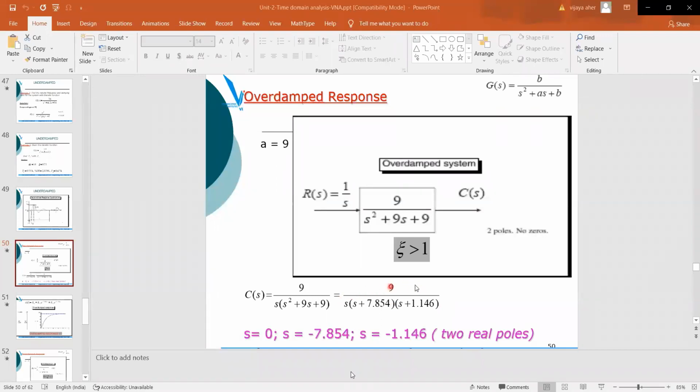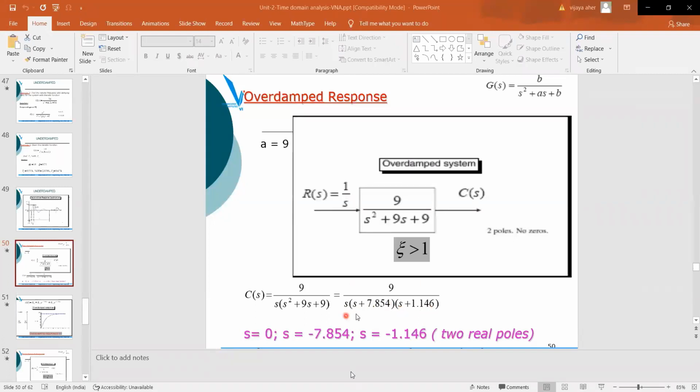Now in the numerator there is no term related to S, so there are no zeros. Now coming to the denominator, how many S terms are there? Three: S, S plus this, S plus this.